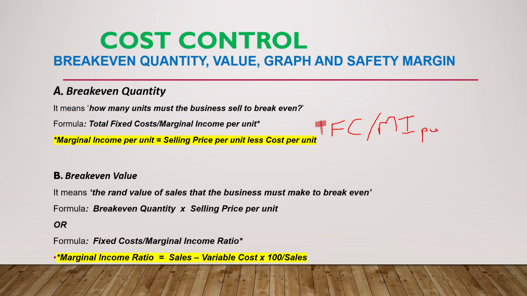That's your formula. To calculate break-even quantity, you take your total fixed cost and you divide it by your marginal income per unit.